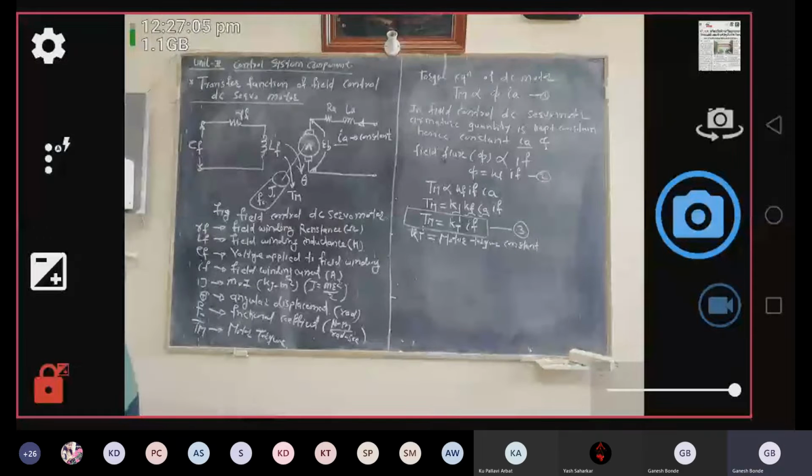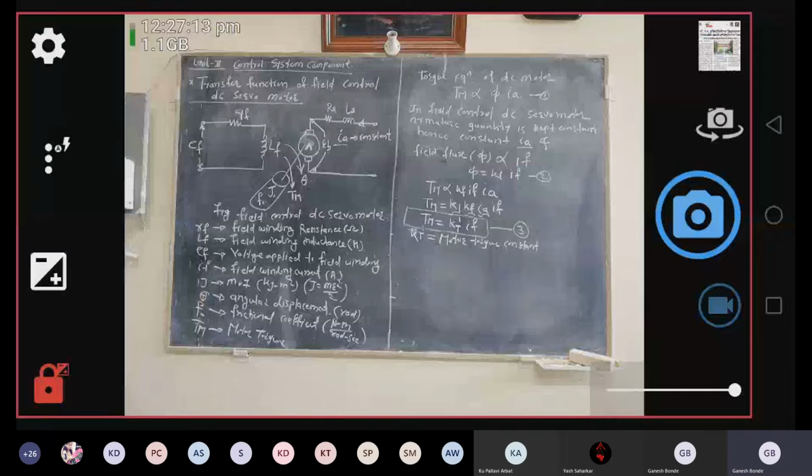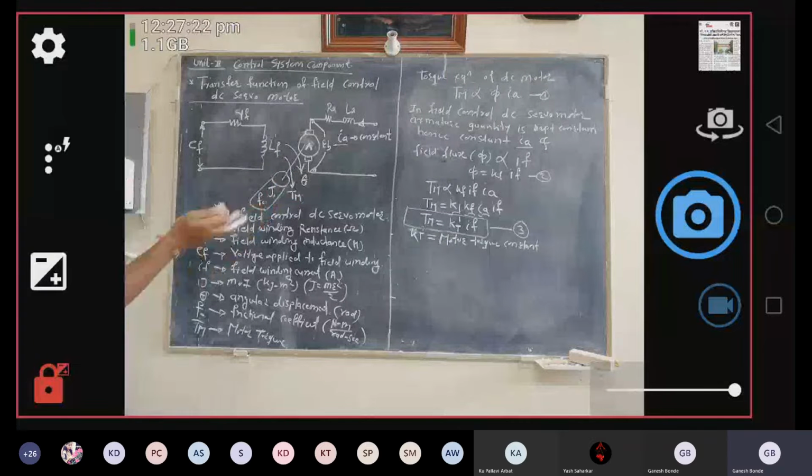After the torque equation, what was the next second step? In the armature control DC servo motor we took the back EMF equation. But here the current drawn by the armature circuit remains constant, therefore we don't need an expression for back EMF EB here. So we may go to the next step.